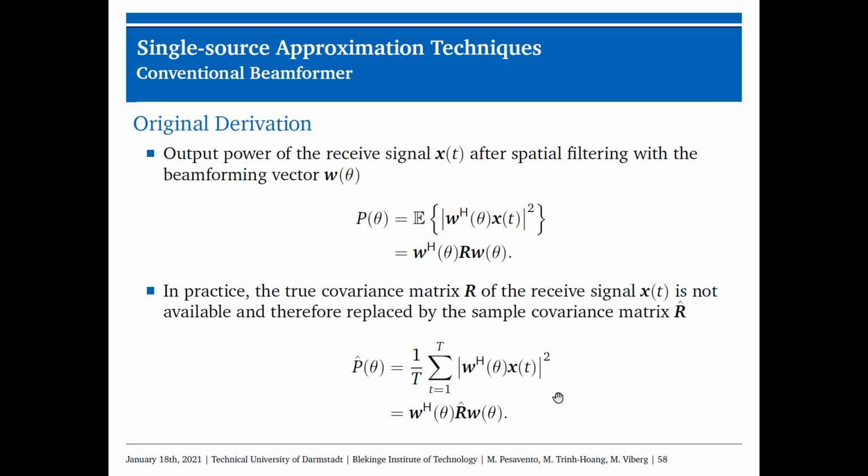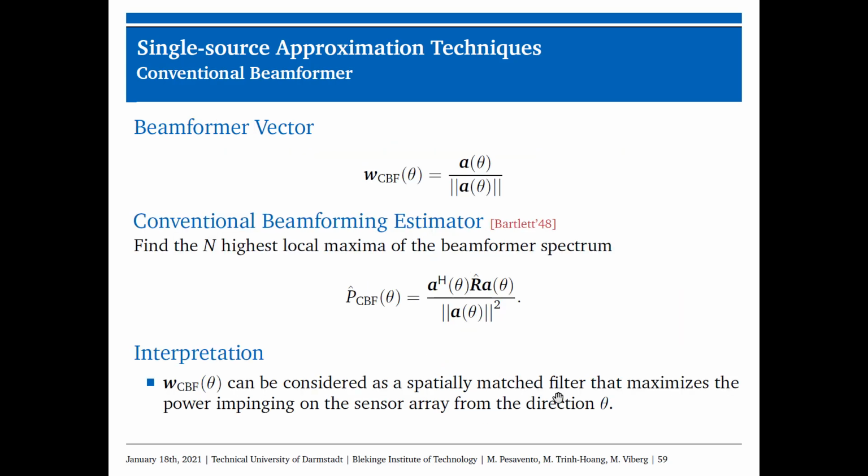The choice of the beamforming vector W generally depends on the application. If our objective is to maximize the power at a given direction, a of theta, then we choose the beamforming vector W to be a scaled version of the steering vector as given by this expression.